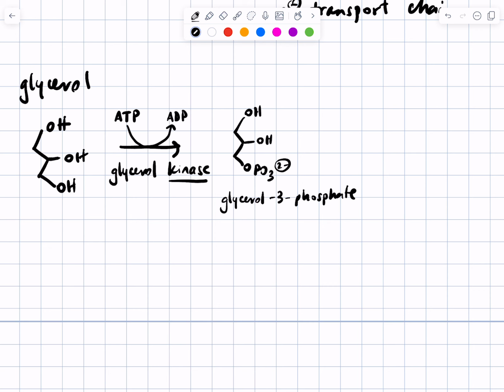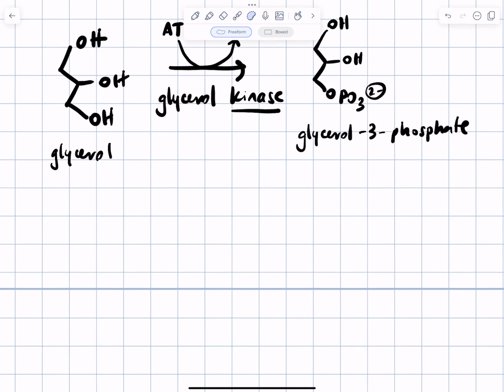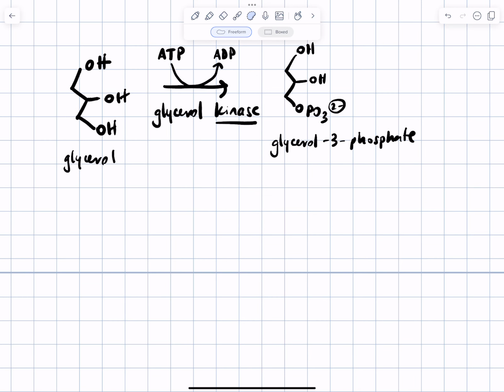Now, I think you've seen kinase reactions before, so presumably this is not a huge revelation to you, but I'll show you an example of a kinase reaction. For our purposes in drawing the mechanism, hopefully it's okay if I represent glycerol as ROH. You can live with that, I think.